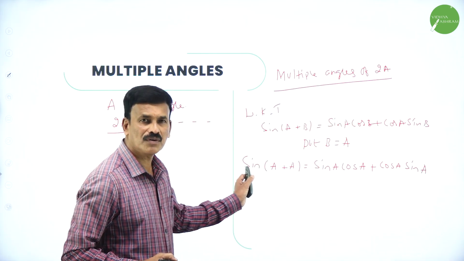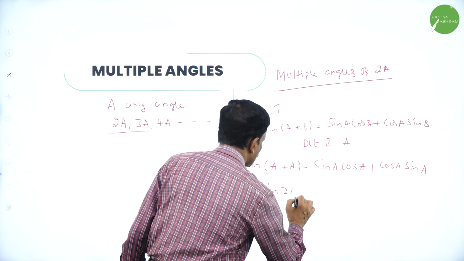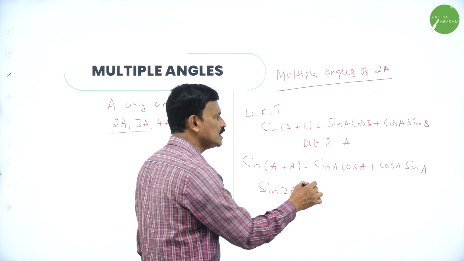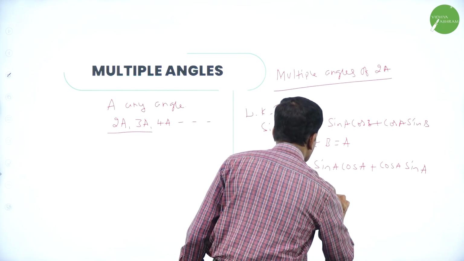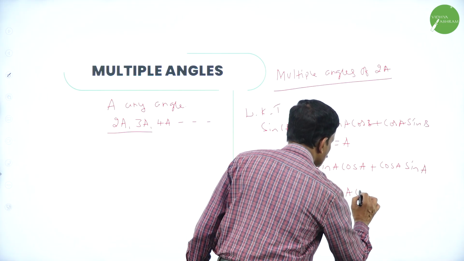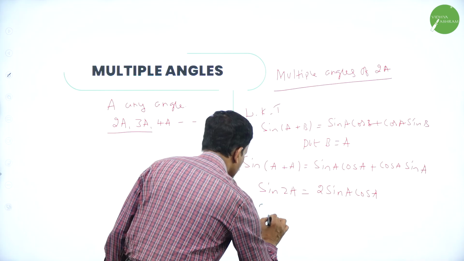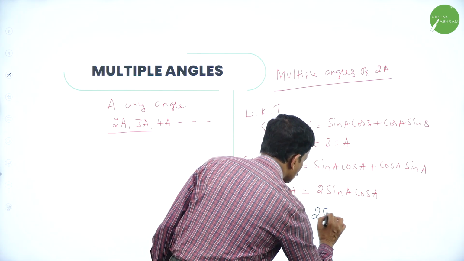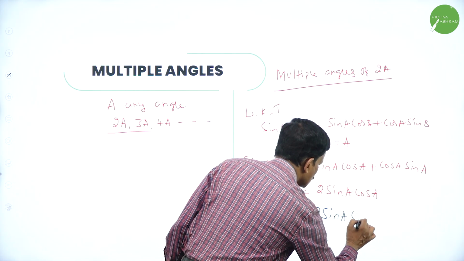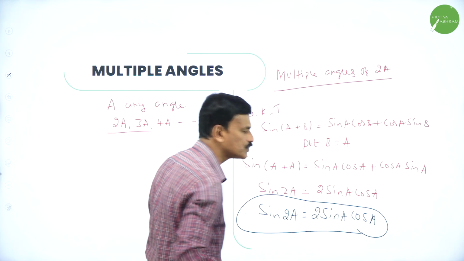Now, observe carefully, what is this equal to? Sin of A plus A is sin 2A. Sin 2A is equal to sin A cos A plus sin A cos A, that's equal to 2 sin A cos A. So sin 2A is equal to 2 sin A into cos A. This is the first multiple angle of 2A.